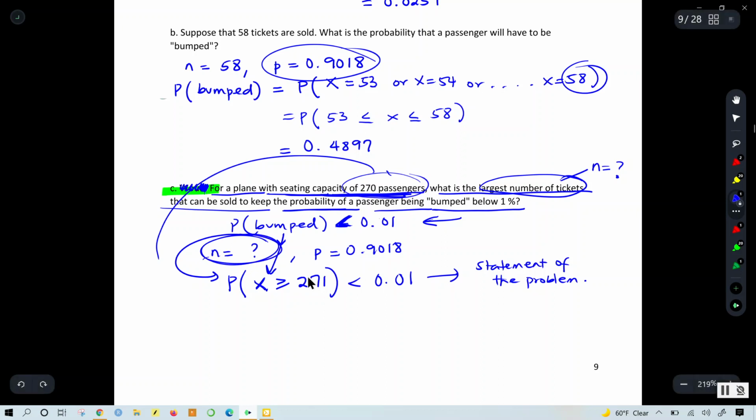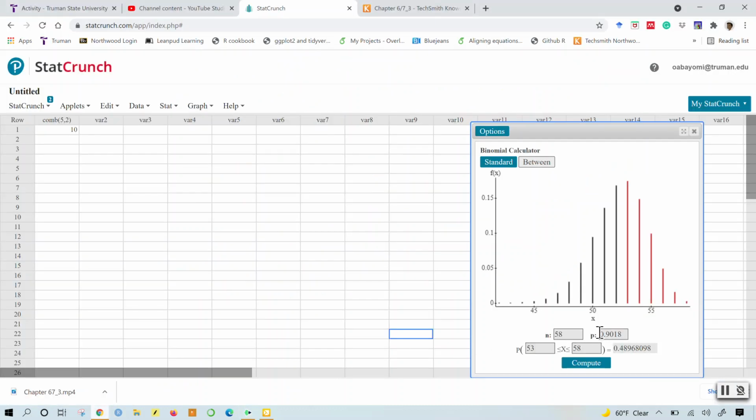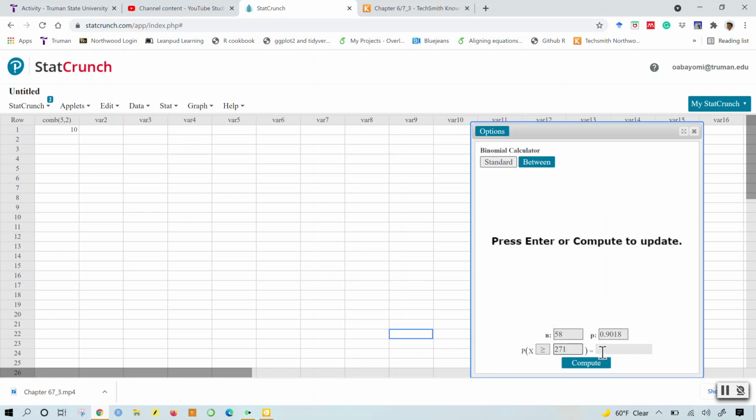So let's pick a number that is definitely greater than 271, because you want the number of tickets that are sold to be greater than this number, which would induce a bumped situation. So let us go into StatCrunch. We have our p set there, and we do want the case where you have greater than or equal to, and then 271.